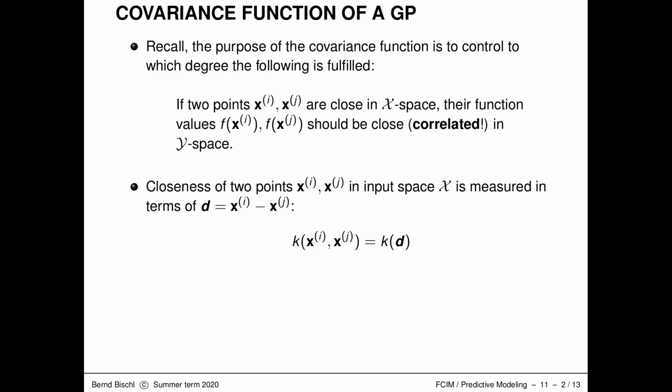And this close relationship of points in x space we want to measure through their distance. So this covariance function very, very often only depends on this distance. And closeness in y space we wanted to express through correlation in y space of the outcomes.